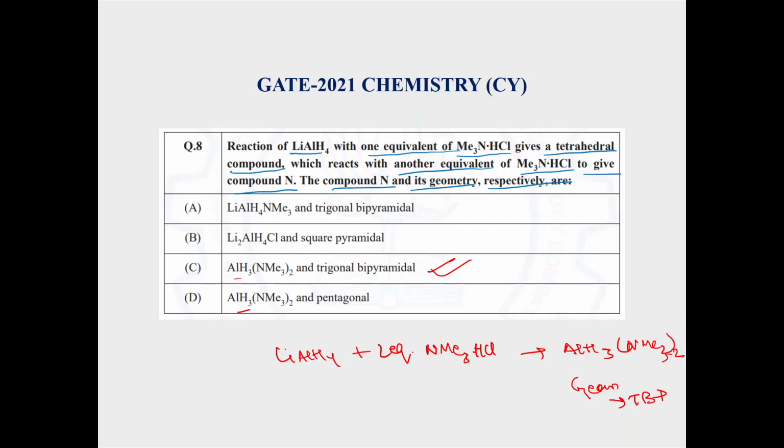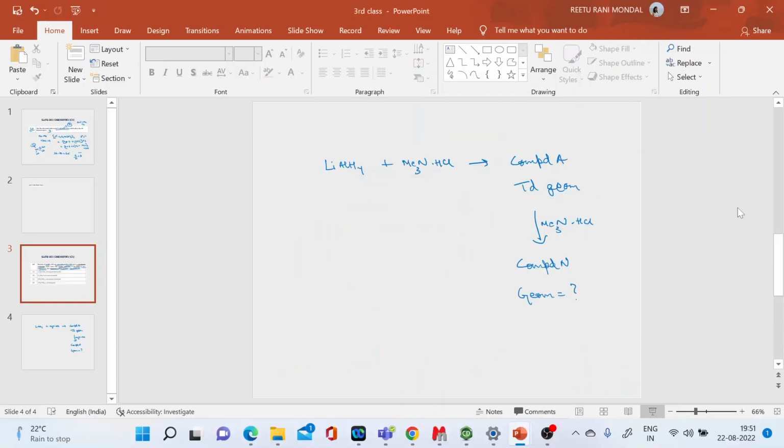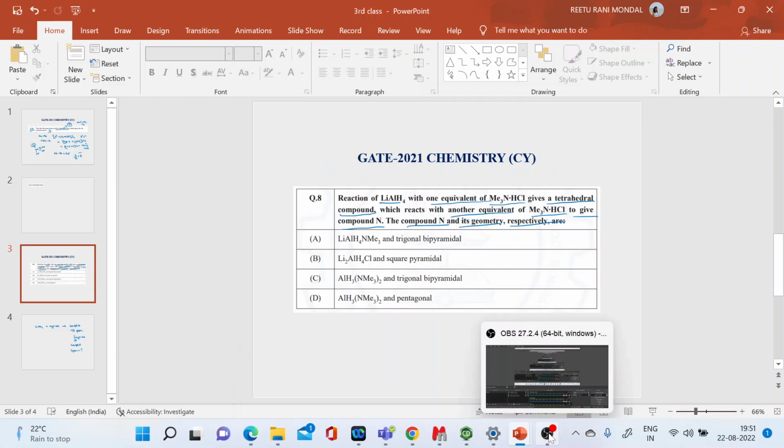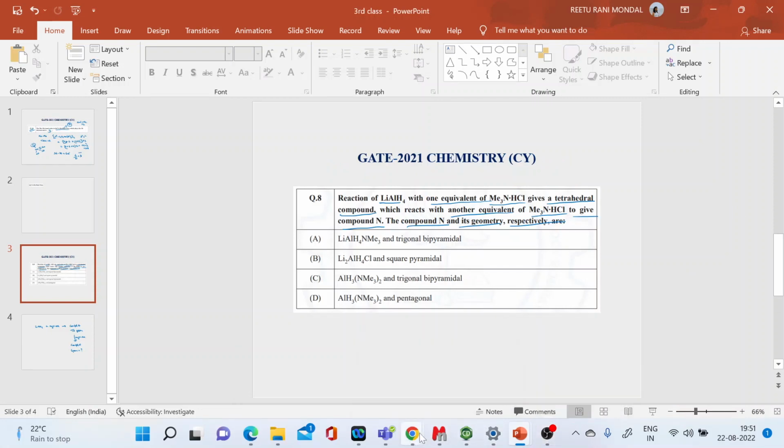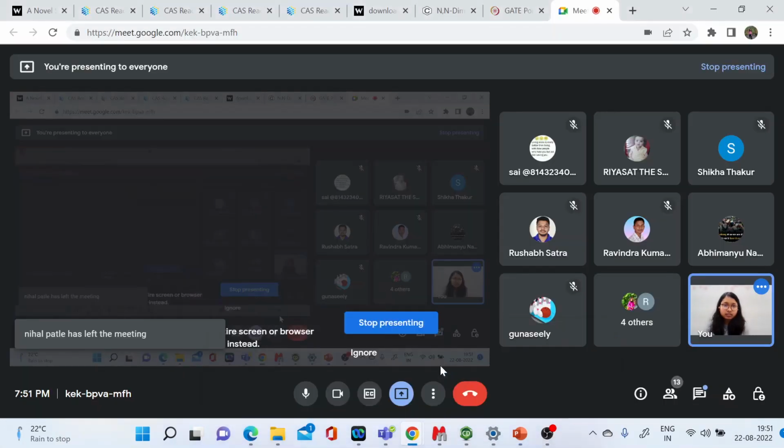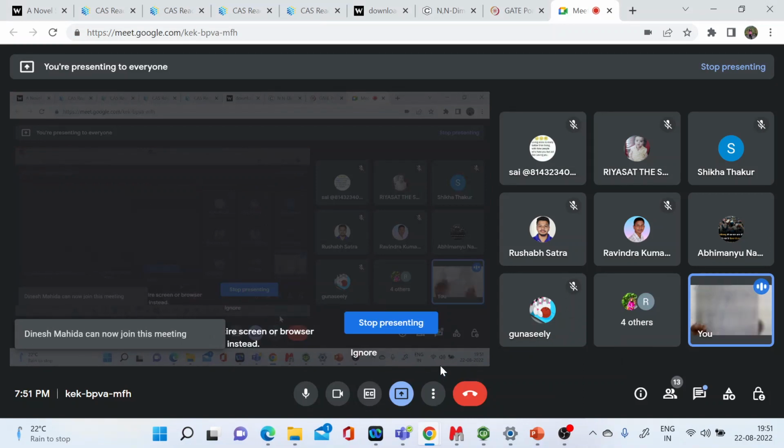You guys know that VSEPR chart, right? Maybe I can share that with you. Can you guys see this?